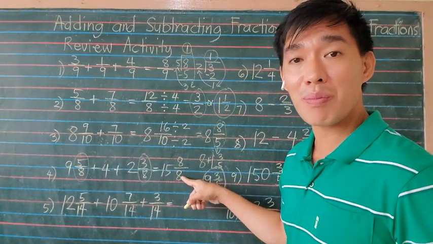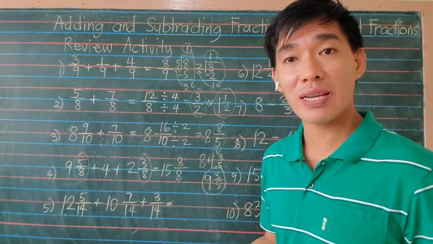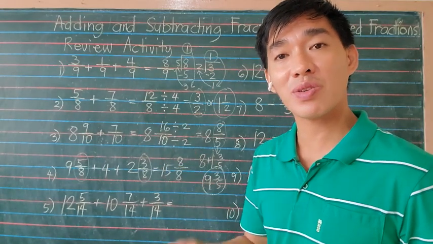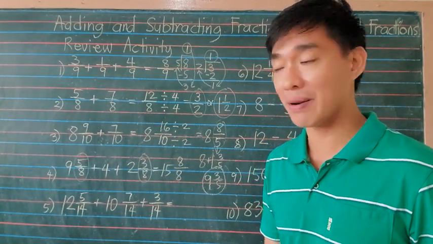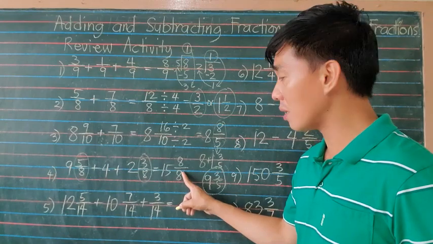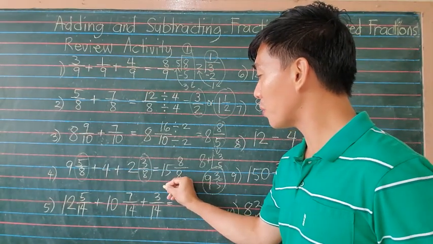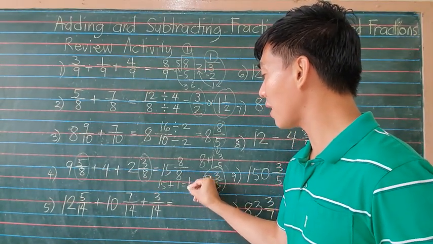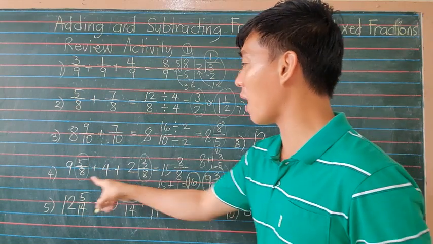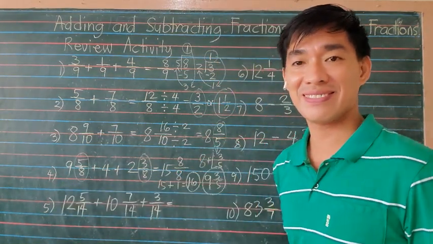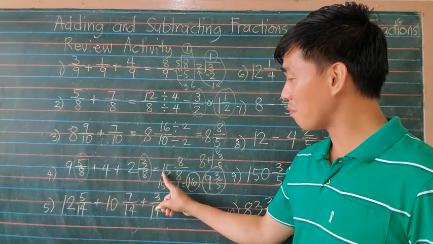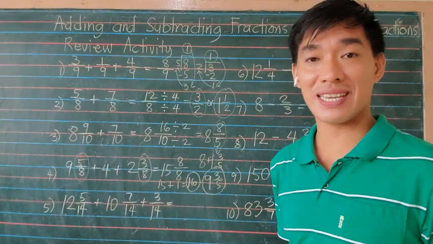Always remember po, if an improper fraction has the same numerator and denominator, that fraction is also equal to 1. So if this is equal to 1, add po natin yung 15, so the final answer is 16 for item number 4. Because 15 plus 1 is equal to 16.